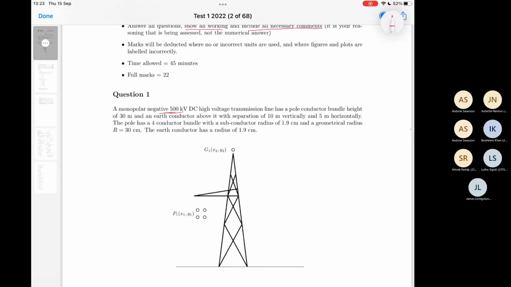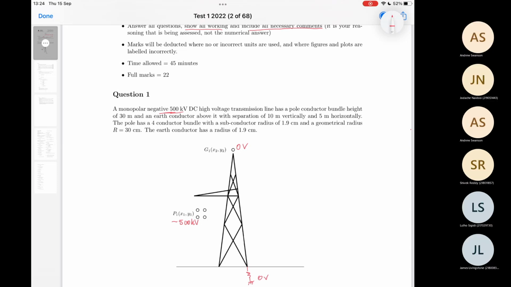Right, so this is 500 kV, the earth conductor, the ground conductor, is naught. So that will be tied to earth, which is naught.